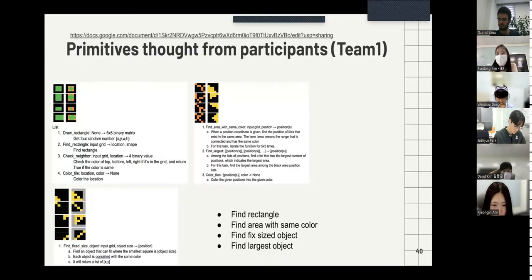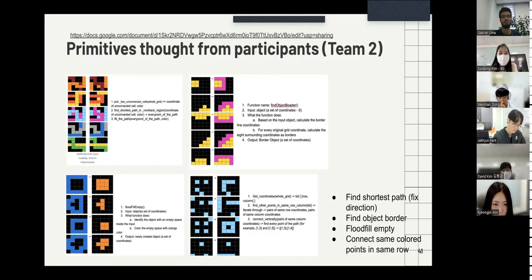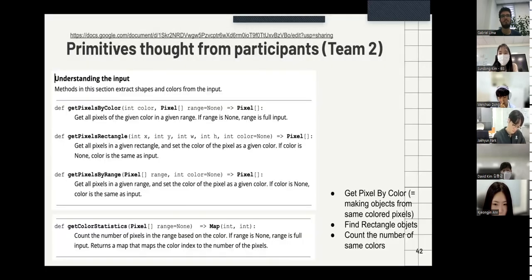We also conducted an activity during the Happy ARC Day on abstracting primitives. We instructed the participants to come up with primitives that could be generally used throughout ARC tasks. These are the primitives that the participants were able to come up with, which include finding rectangles, finding areas with the same color, finding fixed-size objects, and finding the largest objects. And these are some other primitives that other teams came up with.